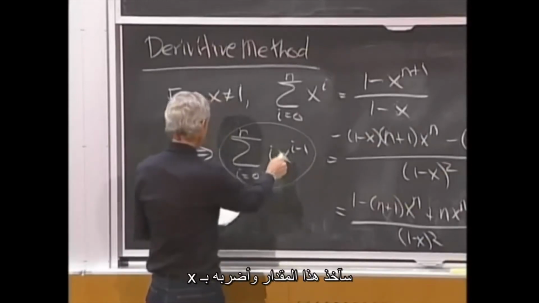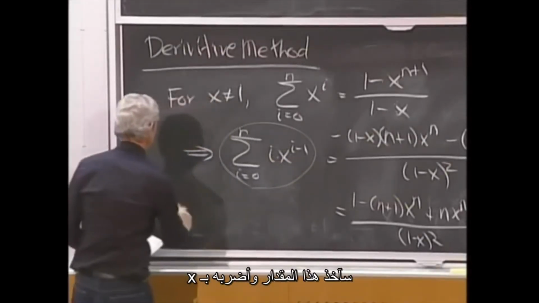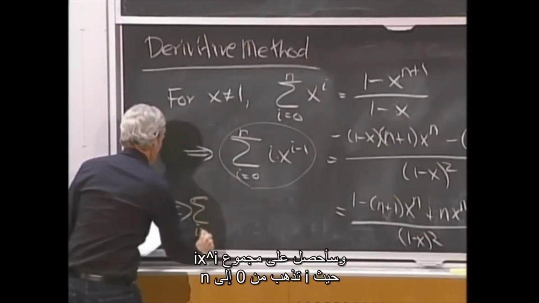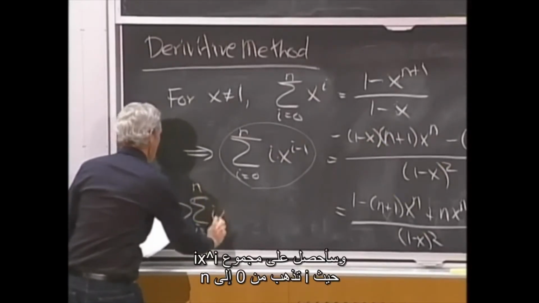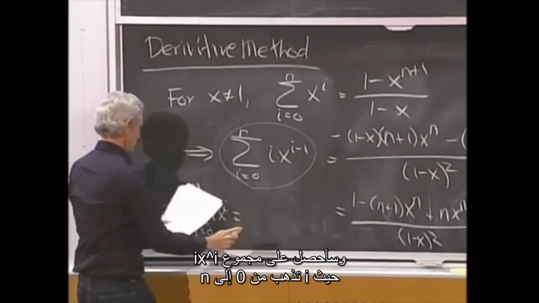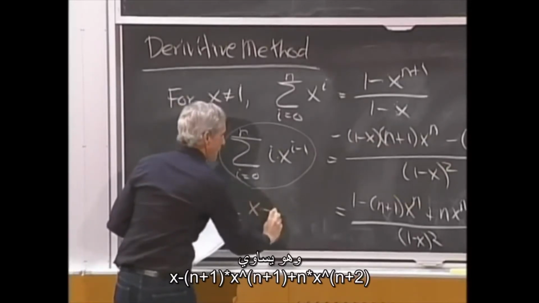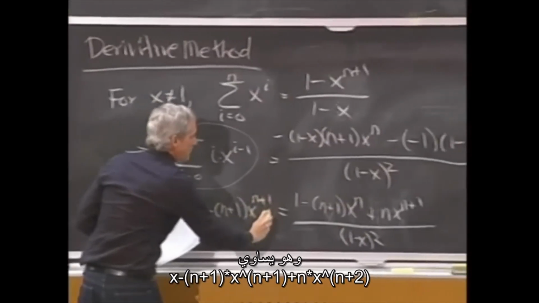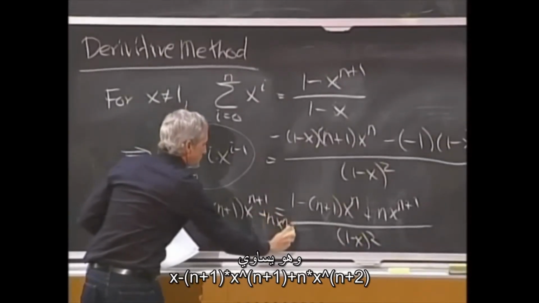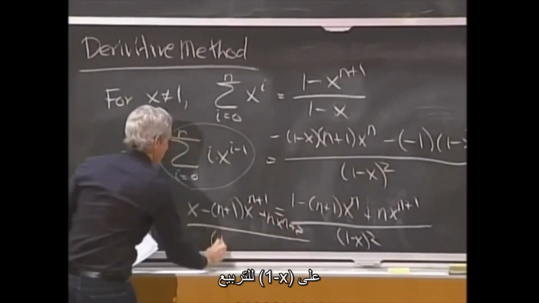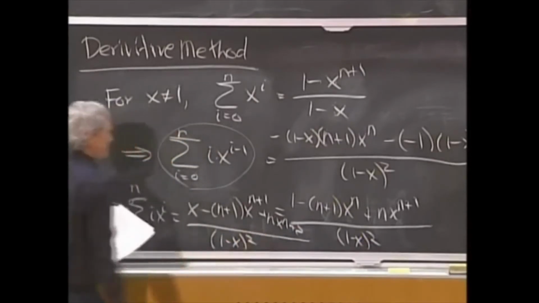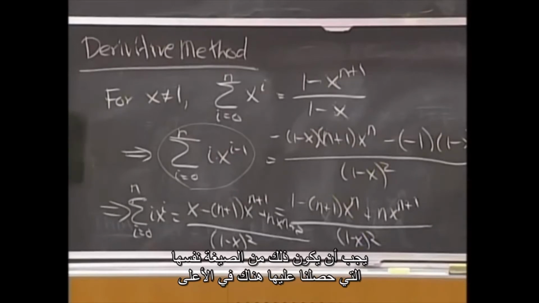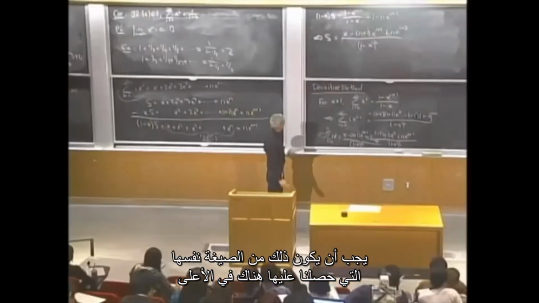So if I take this and multiply by x, the sum from i equals 0 to n of i x to the i equals x minus n plus 1 times x to the n plus 1, plus n x to the n plus 2, all over 1 minus x squared. Okay? Which should be the same form that we had up there.